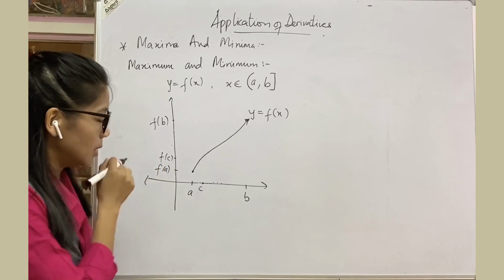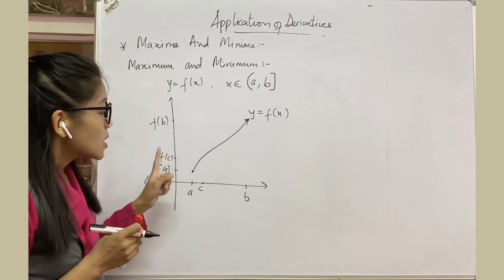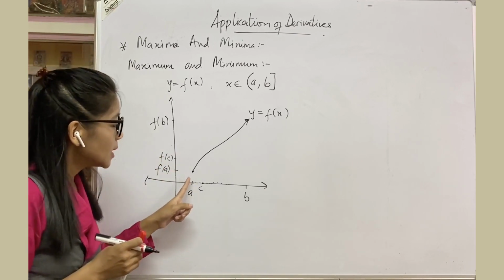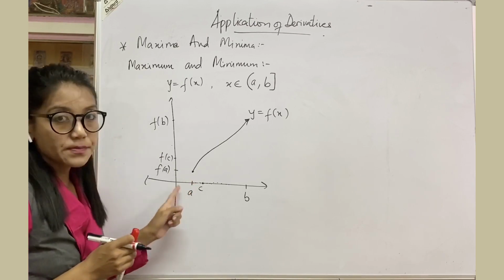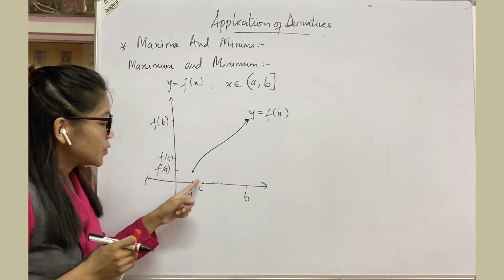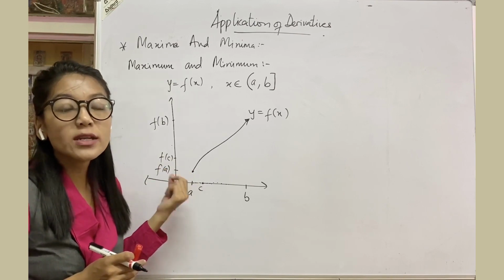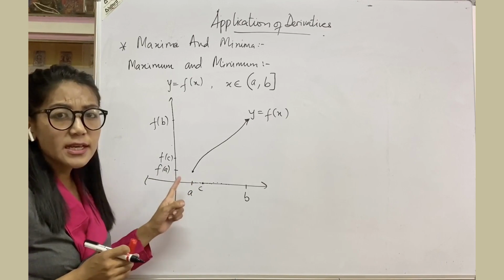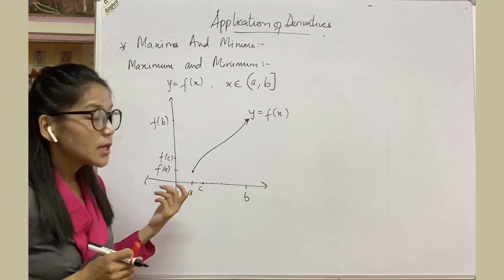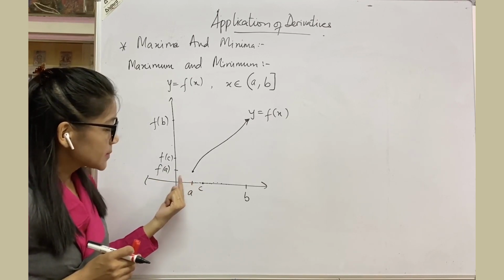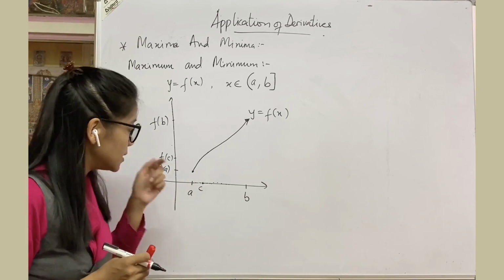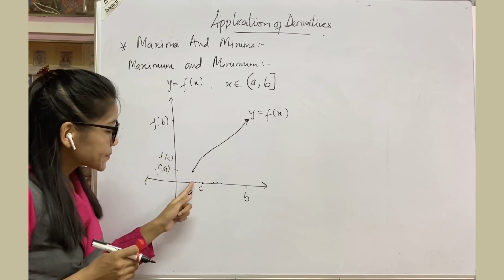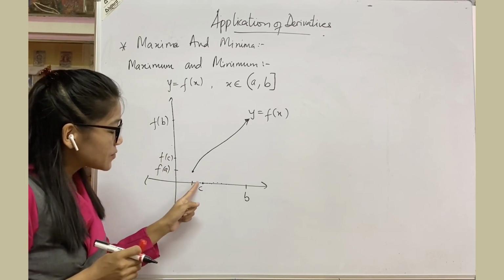So we will say that for this function the minimum value does not exist, because at a the function is attaining its minimum value, but a is to be excluded, so we cannot find the point nearest to a.